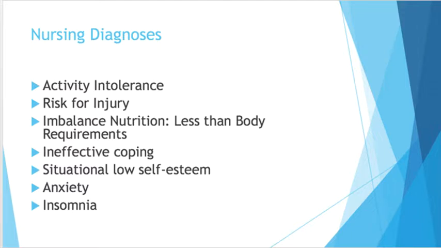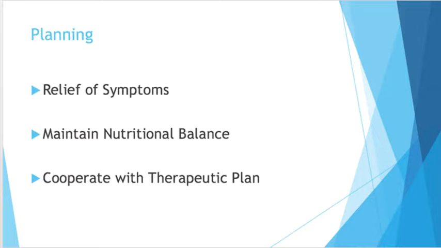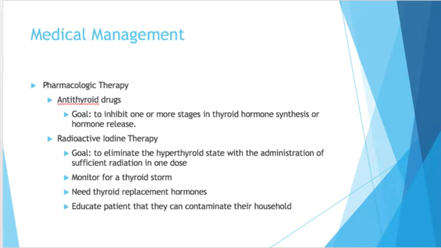Okay, so we assessed, we diagnosed, and now we go into planning. With planning, we want to find out how we're going to relieve symptoms, maintain nutritional balance, and have them cooperate with their therapeutic plan. For the medical management, it's usually done by pharmacologic therapy, and then we'll talk on the next slide, surgery is another option.